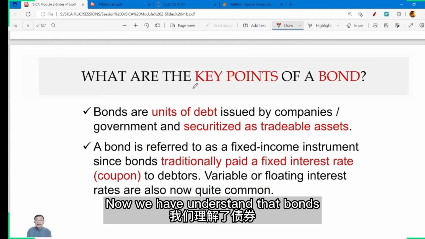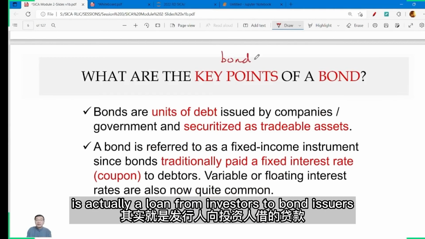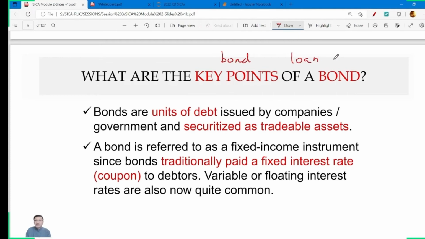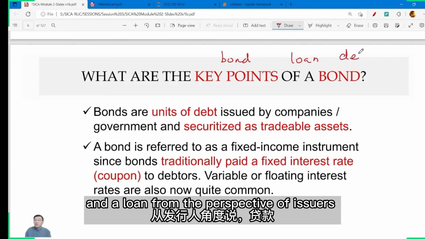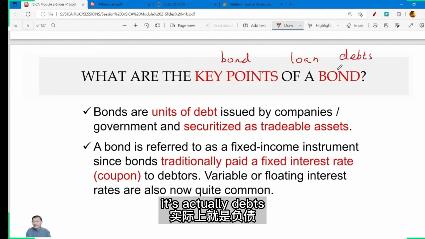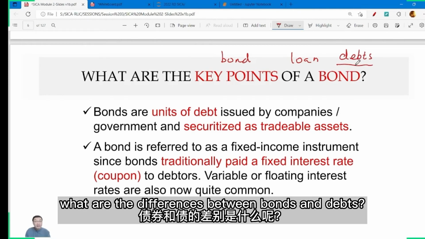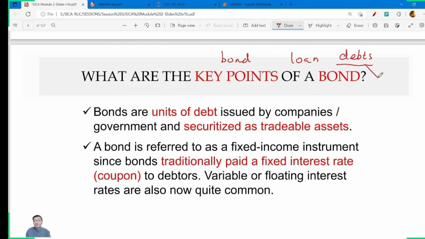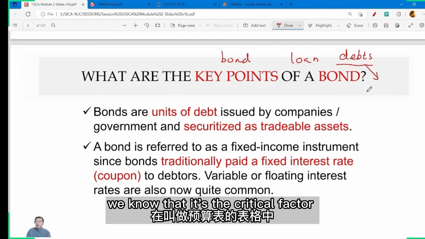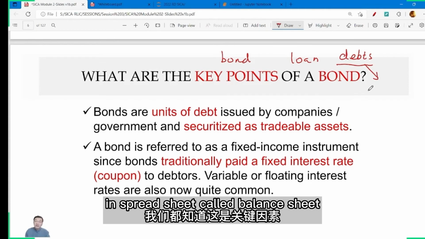Now we understand that a bond is actually a loan from investors to bond issuers, and the loan from the perspective of issuers is actually debt. But what are the differences between bonds and debts? Whenever we talk about debts, it is a critical factor in a spreadsheet called the balance sheet.